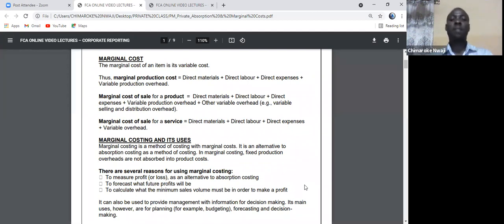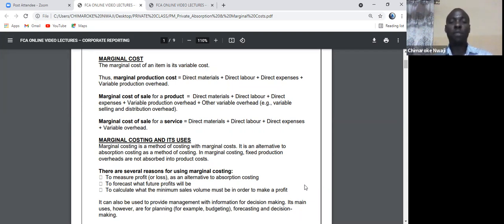Now it seems that marginal costing is going to be a very useful costing method for management. And so let's look at the uses of marginal costing. What are some of the uses that we can have from marginal costing? Now, marginal costing is an alternative method to the absorption costing method. And so in marginal costing, fixed production overheads are not absorbed into the production costs.